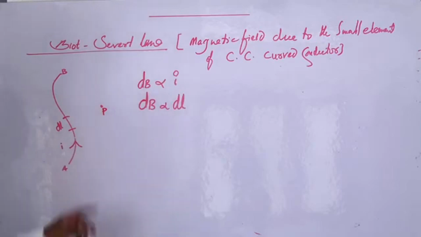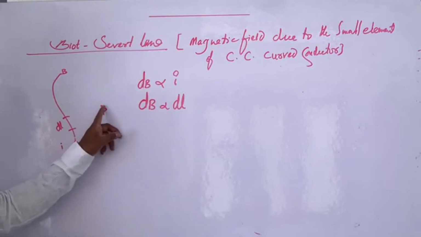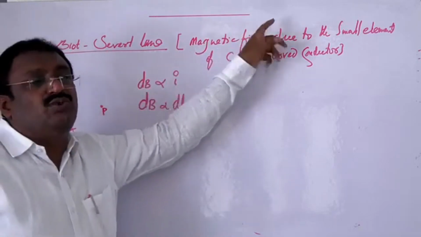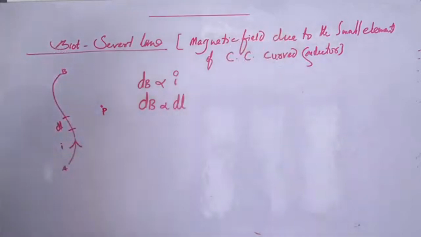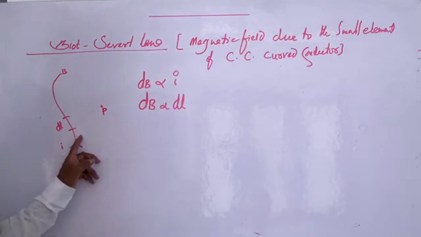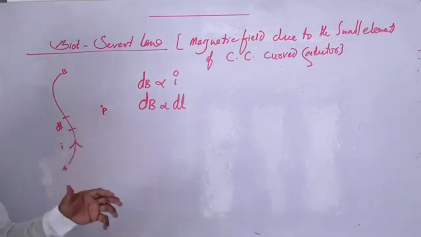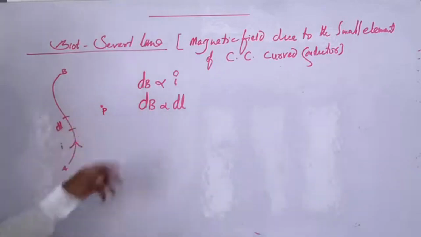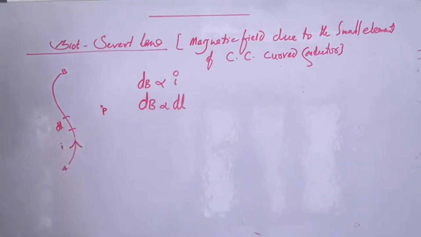Now you take this point P. If you take it at a very infinite distance, what happens? The field becomes zero. If this point P is taken very near the conductor, the field becomes infinity. So the field also depends upon the distance of this point from the conductor, from the element, from the source.